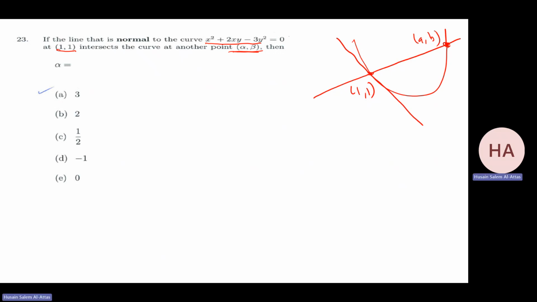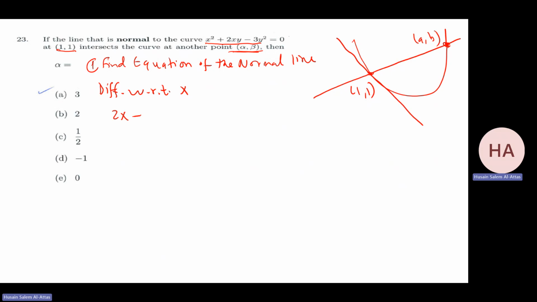How to do that? I find the equation of the normal line and intersect it with the curve. How to do that? I have x squared plus 2xy minus 3y squared. Differentiate with respect to x.